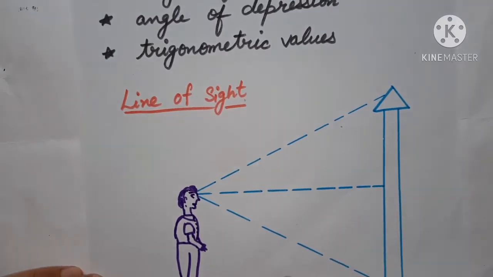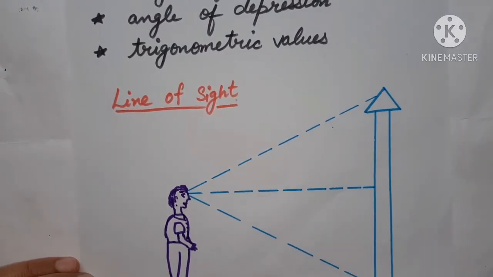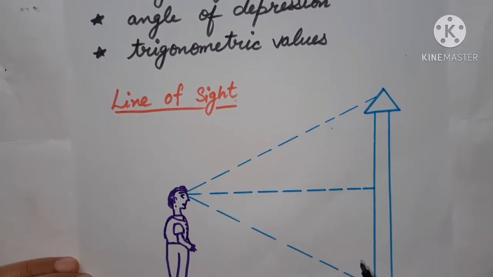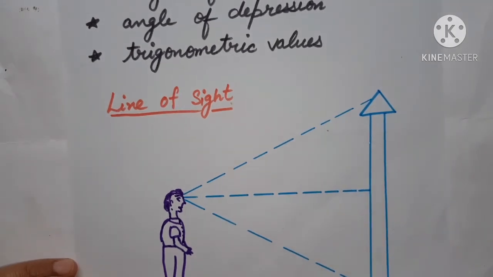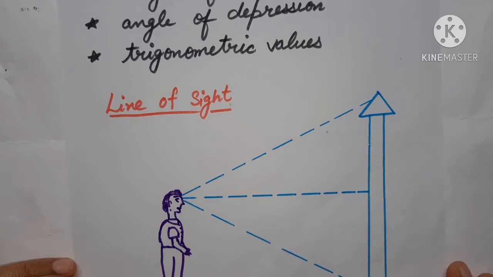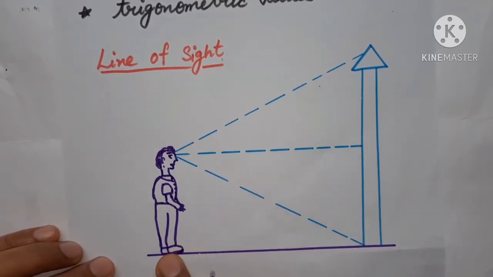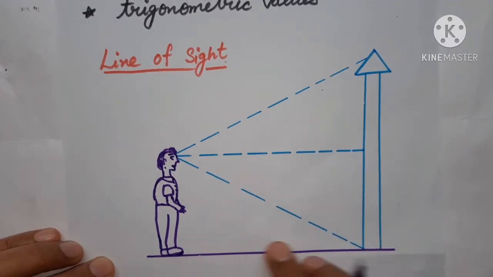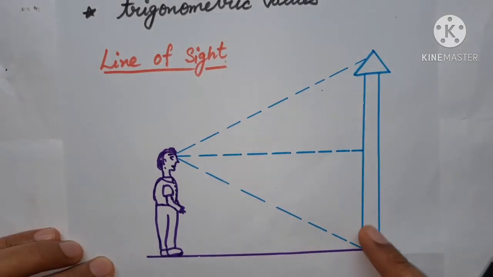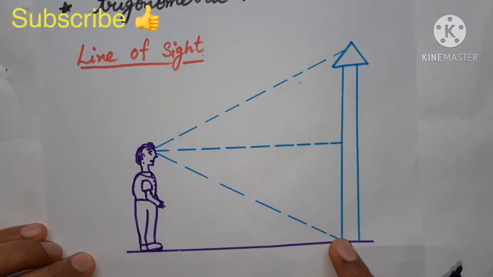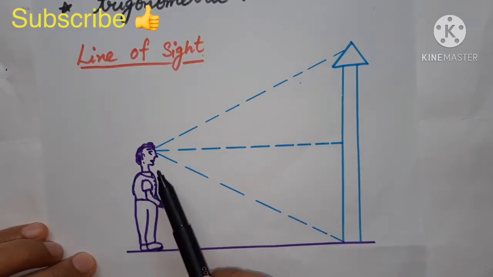When we are talking about line of sight, we should know the meaning of that, because you will see this word again and again in the questions and in the examples. I have made a drawing here. One person is on the ground level, and in front of that person there is a tower, or you can say a statue.